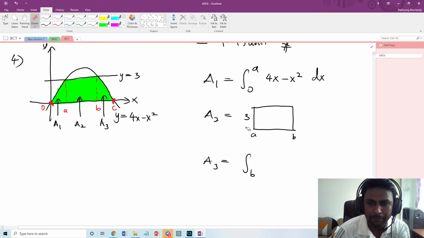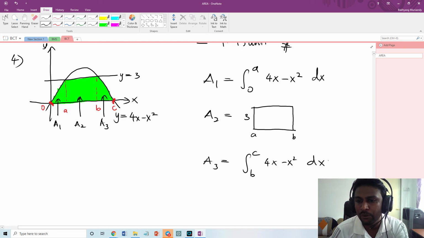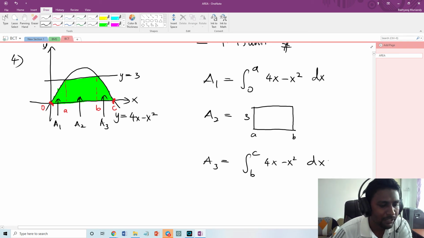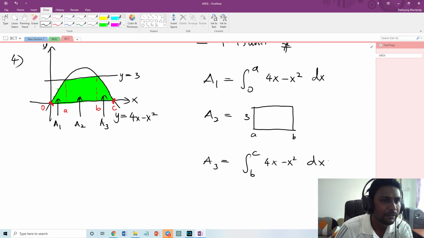So B and then C here. And what is our function again? Correct, 4x minus x square. Once again we use 4x minus x square only because only that function is related. The 3, the straight line, is not included.